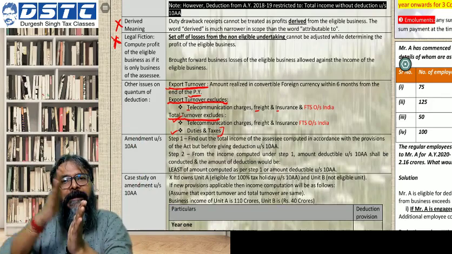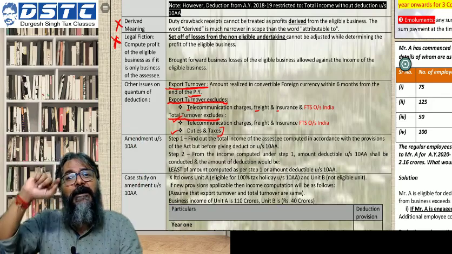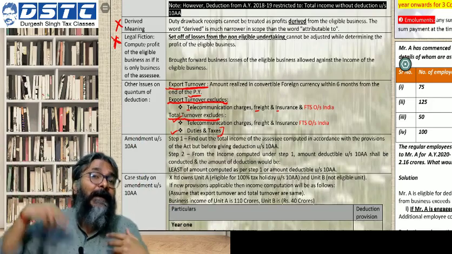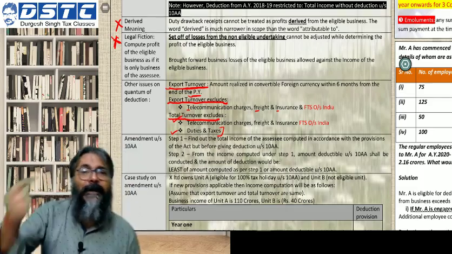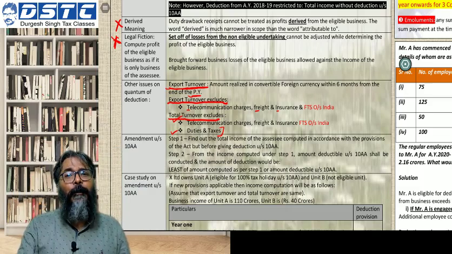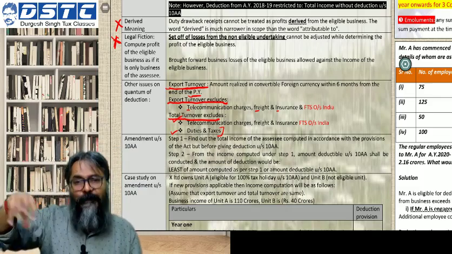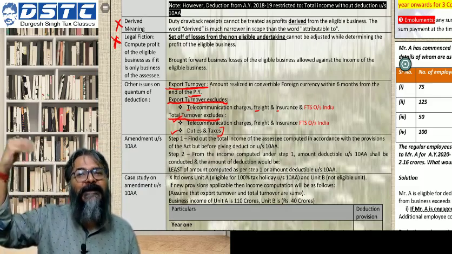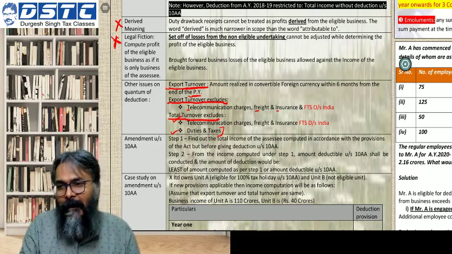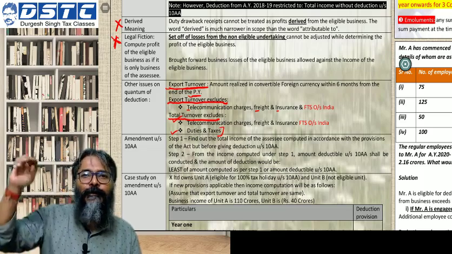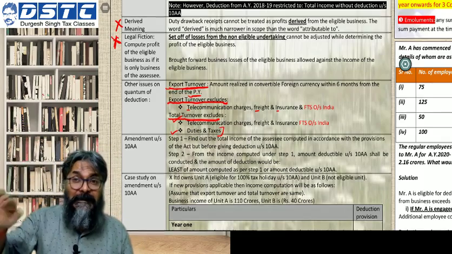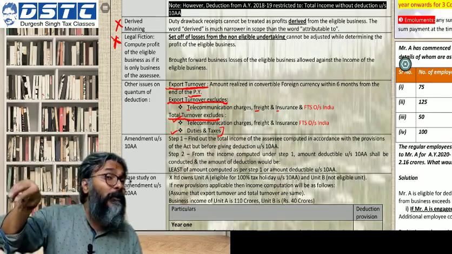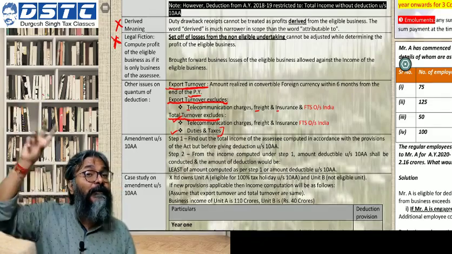So all the other charges which have been recovered by me, like the importer of that foreign country will say to me, look, you are there in that country of export, so kindly arrange for me the transportation and the insurance, and you bill me for that, and I will reimburse you this amount. Plus he will also say, look, I also want some technical support in respect of these goods.